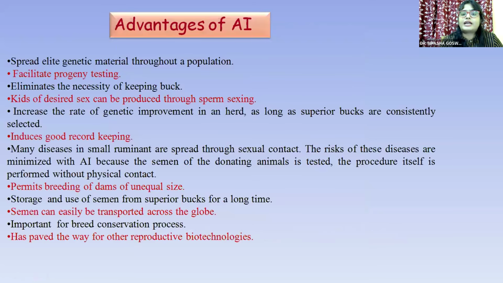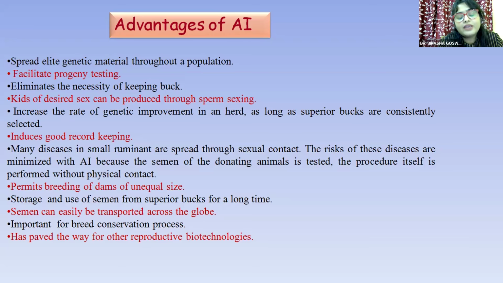There are some advantages of AI, that is AI spreads elite genetic material throughout a population. We all know that we do artificial insemination to preserve the original genetic traits, and we can preserve the originality of each and every breed, and we don't have to rear the male animal.